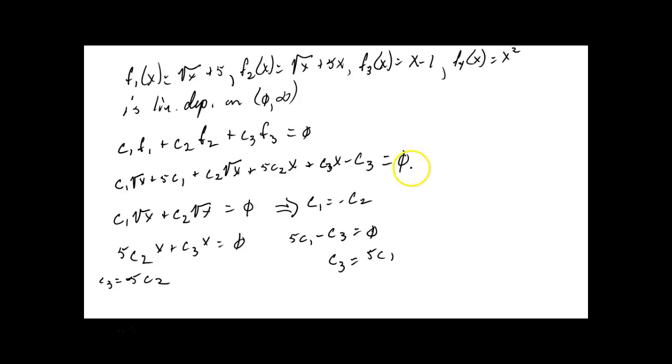Okay, so C2 is equal to 7. C1 then would have to be -7, right? And C3 would have to be 5 times C1, which would be -35, right?